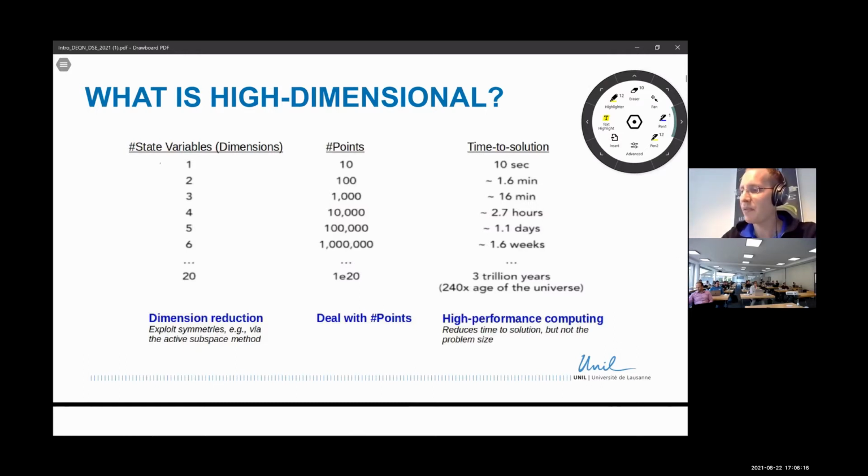Say we have one state variable, so 1 dimension, and say to solve one set of nonlinear equations takes 1 second, and say we don't have any parallelization. So solving 10 points would take 10 seconds. Okay, no problem. You press play. After 10 seconds, if you're not happy, you solve the next one.